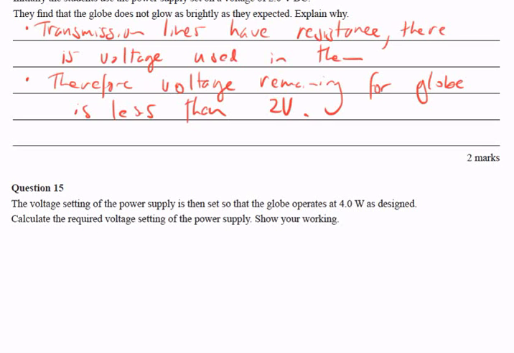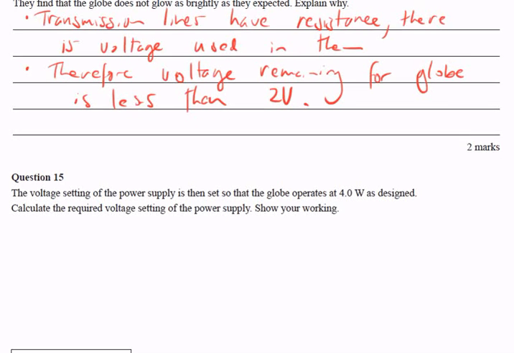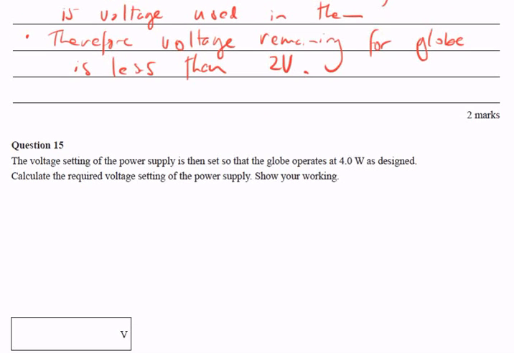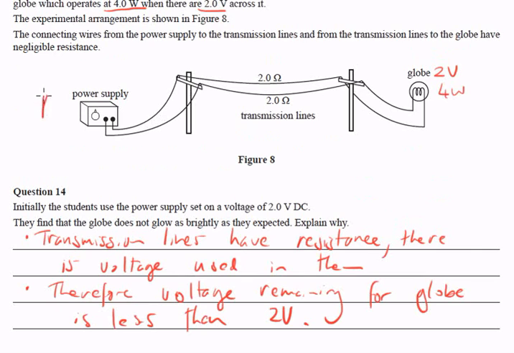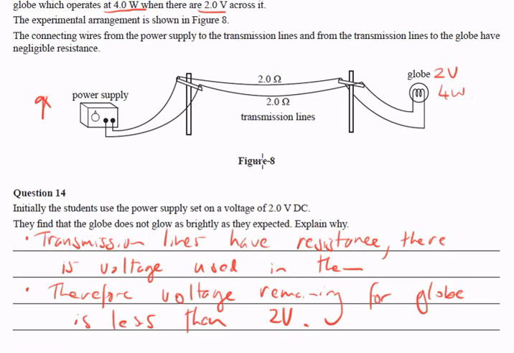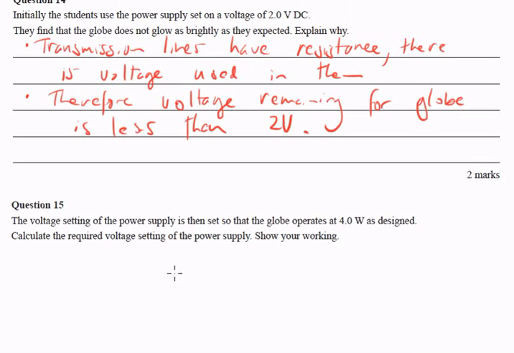15. The voltage supply is now set so that the globe operates at 4 watts. Calculate that required voltage and show your working. So they must increase it. They must turn the voltage up from 2 volts to something higher. So hopefully our answer is going to be bigger than 2 volts. What I'm going to do is, down below in that question, redraw this as a circuit diagram, just so it makes a little bit more sense.